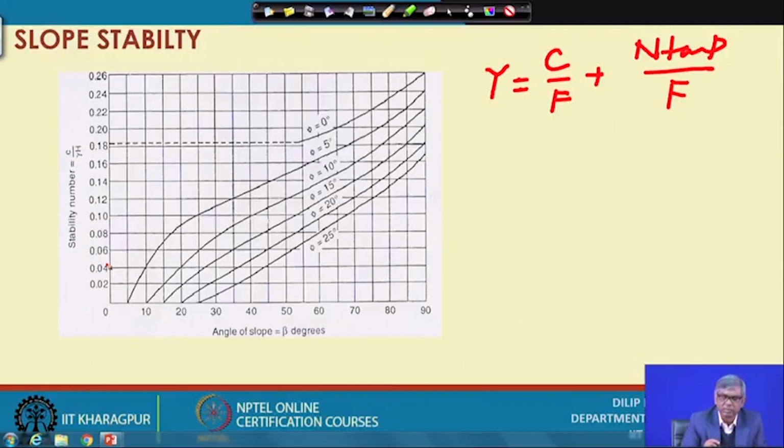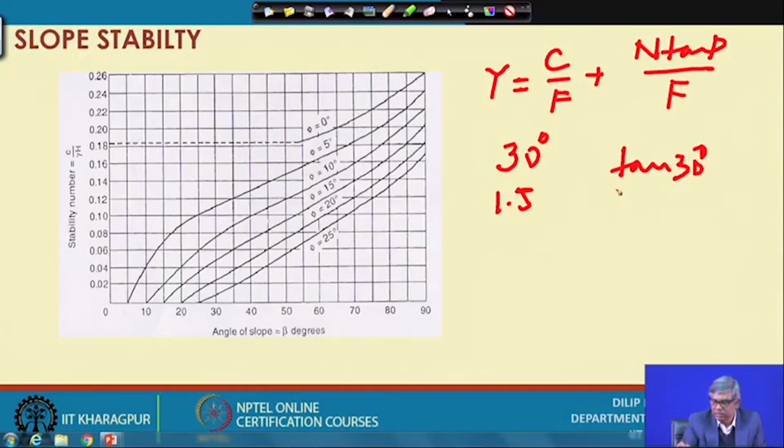Because of that, the procedure is that you first take a factor of safety for phi. Suppose phi is 30 degrees, and I take a factor of safety of 1.5. Then I calculate tan 30 degrees divided by 1.5, and convert that value back into tan phi dash, and from there I get a phi dash value.